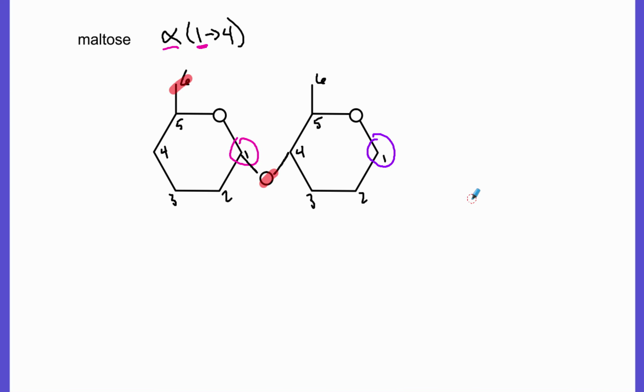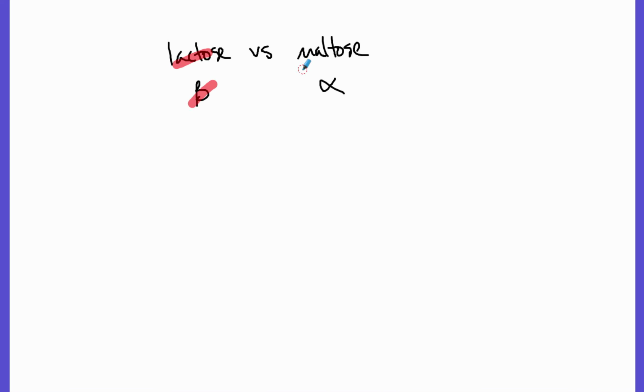There's a reason why we're learning about these alpha and beta bonds. Beta bonds are much, much more difficult to break down. There's not as much space when I talk about the overall shape of this molecule. There's a carbon and hydrogens on that carbon that get kind of in the way of breaking down this bond.